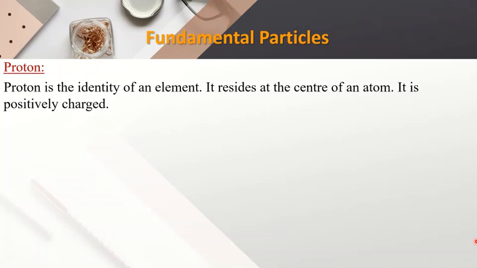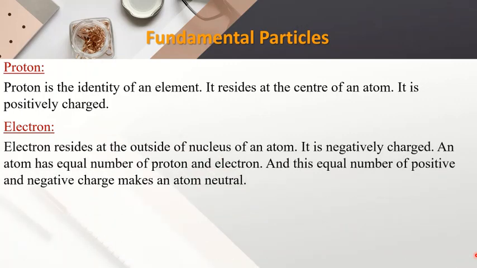Proton is positively charged, and for this proton, nucleus is also positively charged. Now, electron. Electron resides at the outside of nucleus in an atom, and electron is negatively charged.